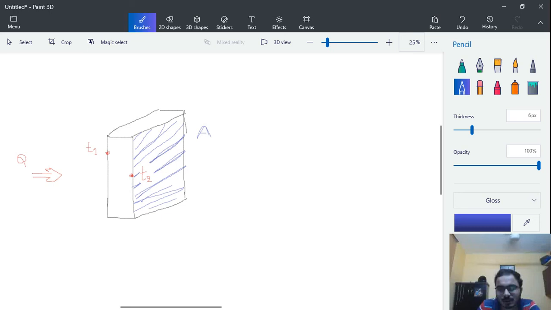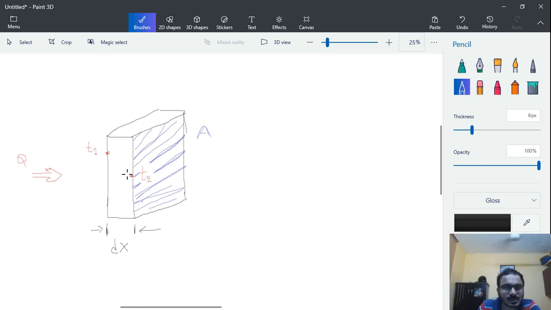and this will be the thickness of the wall, which can be written as dx. Okay, so this heat Q is flowing perpendicular to the wall.